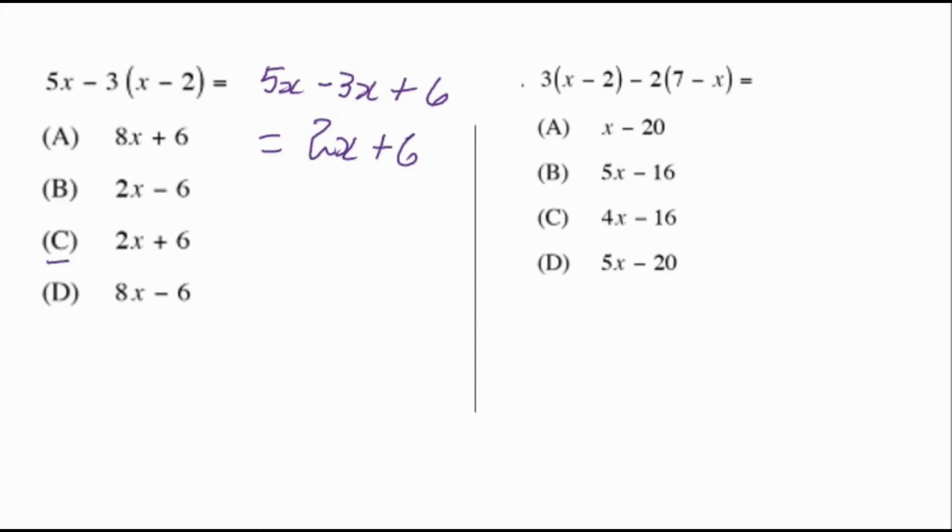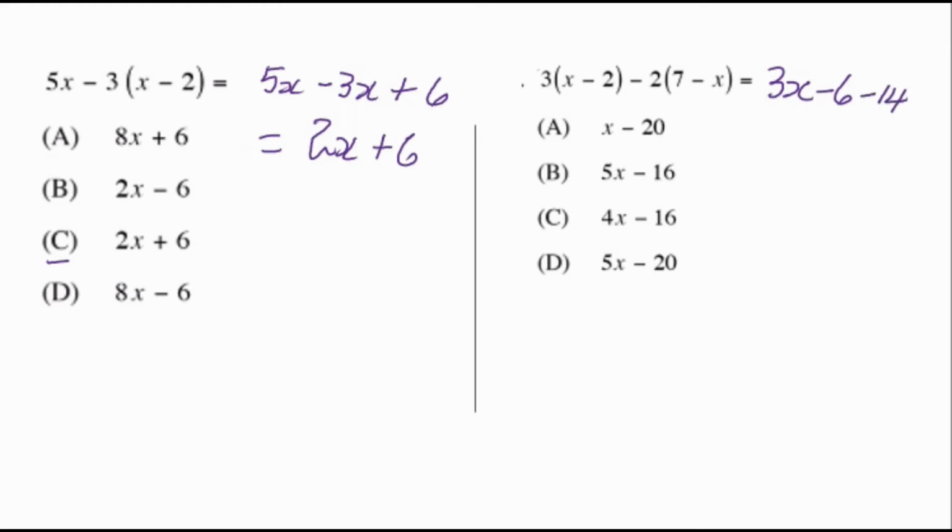It's a similar process. So we proceed. We are going to remove the brackets first. So 3 times x will give us 3x. 3 times negative 2 gives us negative 6. And negative 2 times 7 gives us negative 14.